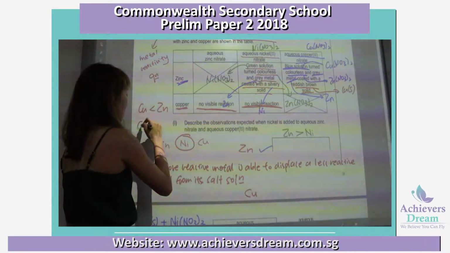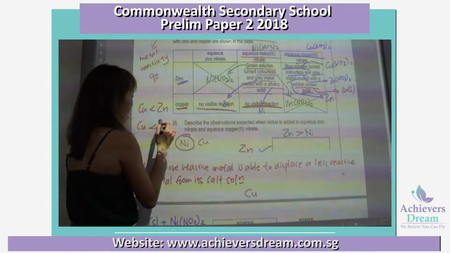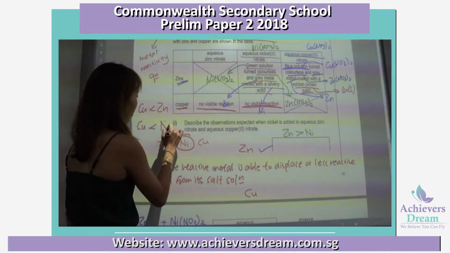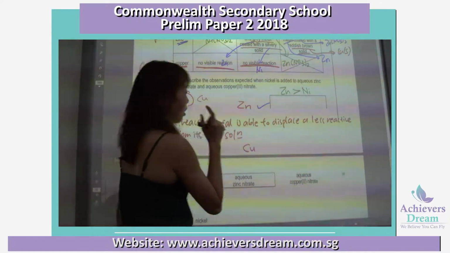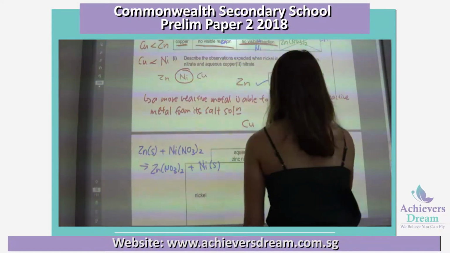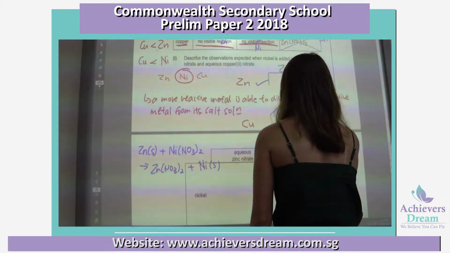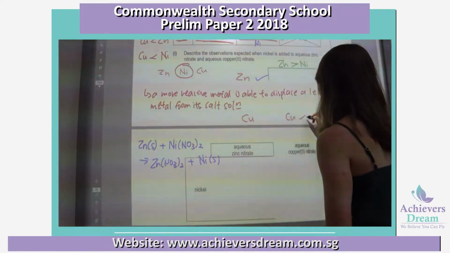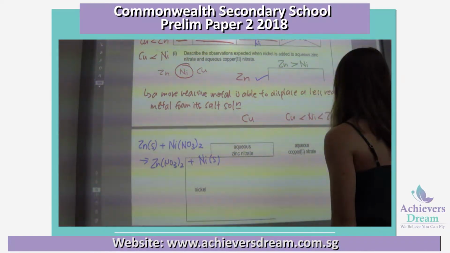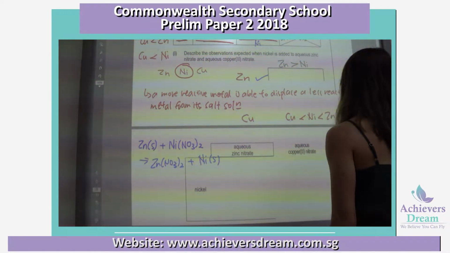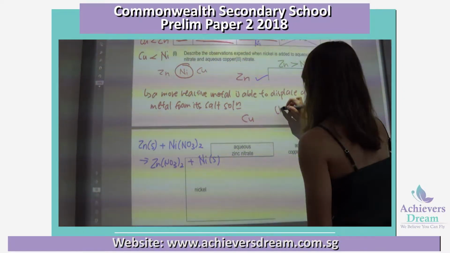So same thing, this means that copper is less reactive than nickel. Okay, so the final order of reactivity would be copper the least reactive, followed by nickel, followed by zinc. Zinc is the most reactive and copper is the least reactive.